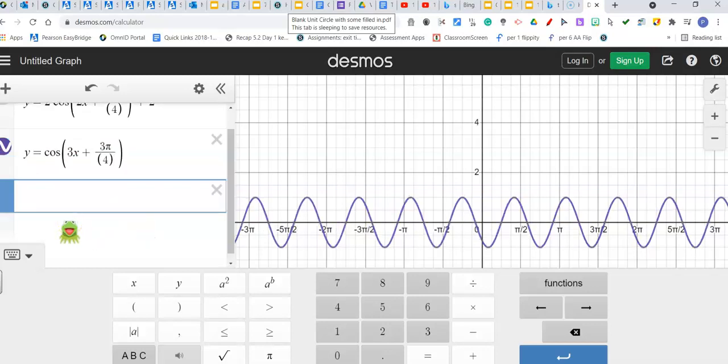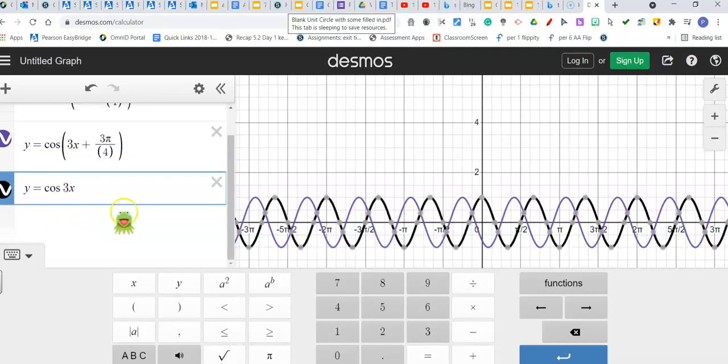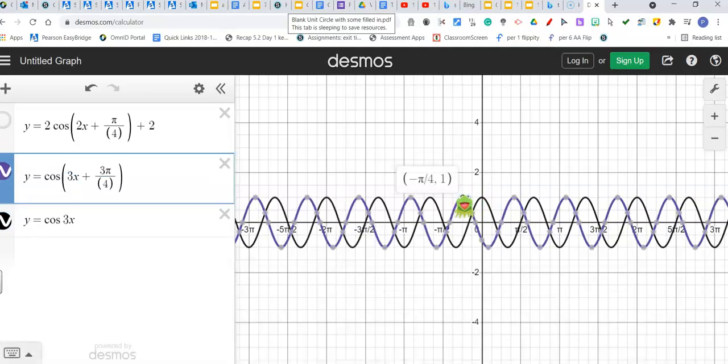And you could compare that to y equals cosine 3x. And this would be my black one. So the black one starts here at (0, 1) for this peak right here. And then you can see, if you check on that, that one went over negative pi over 4. So that means it went to the left pi over 4.